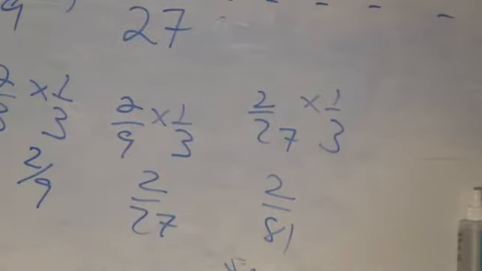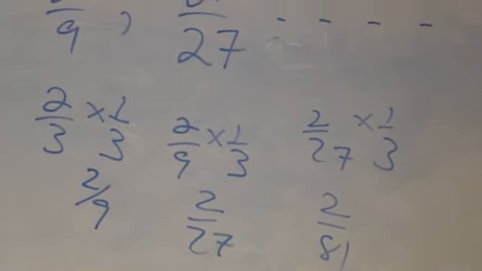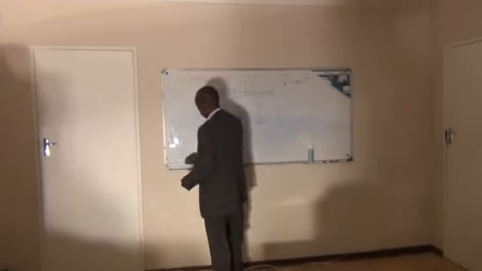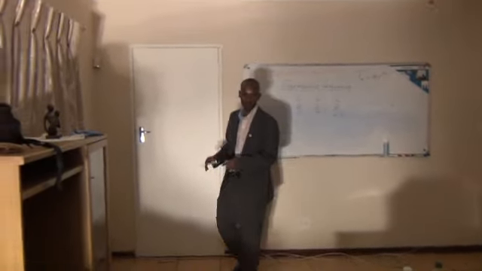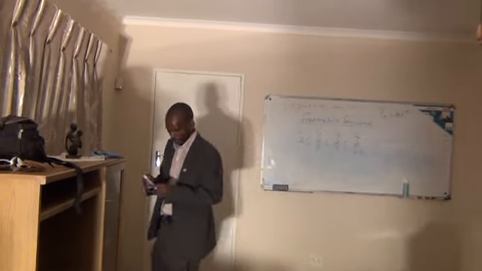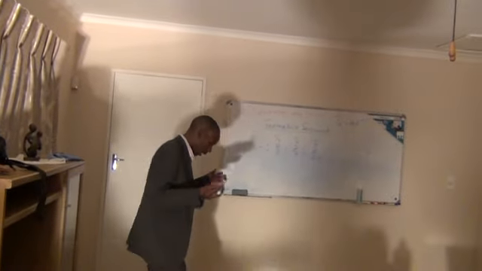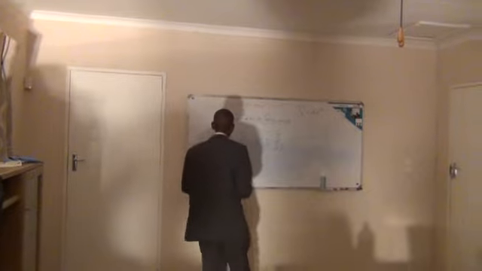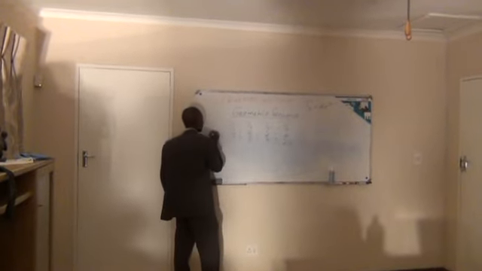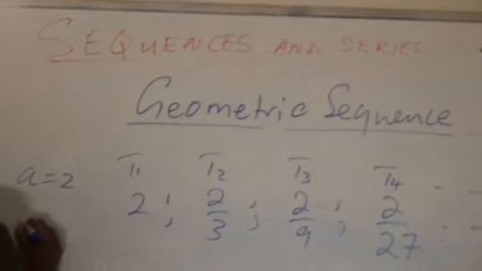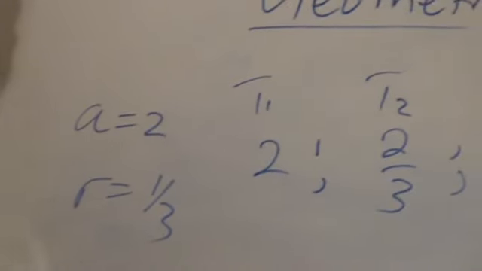Now, like we have done with all the other sequences, let us try to find a unique relationship between the nth term and n. We know that in this case a is equal to 2, r is equal to 1 over 3.